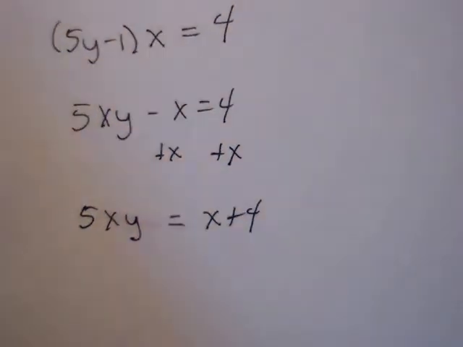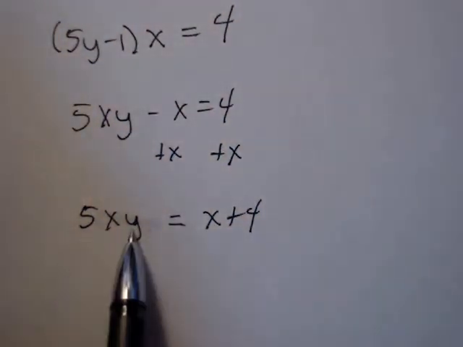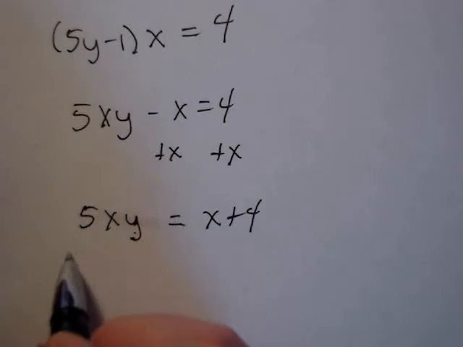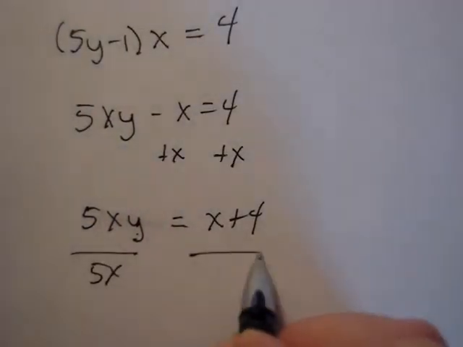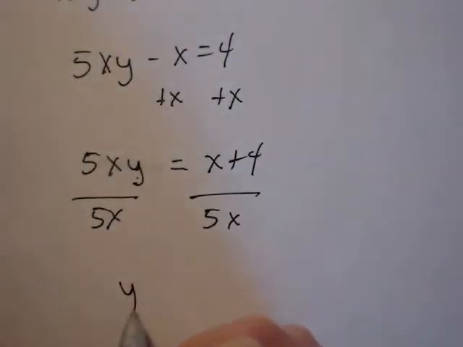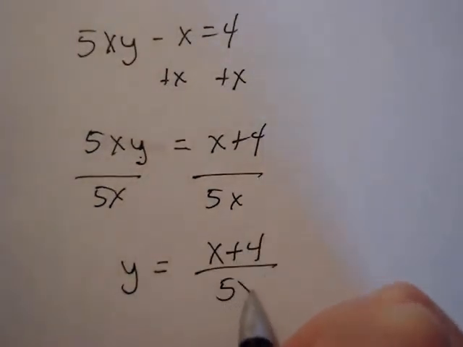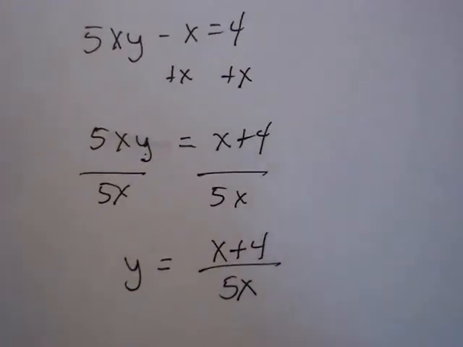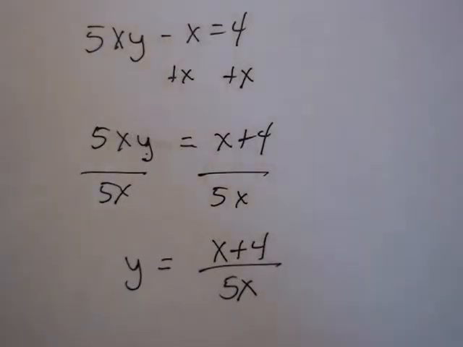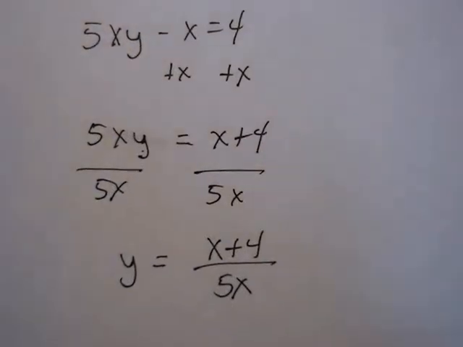Now, there's my y. I only have one term, so to isolate y, I just need to divide by 5x. So I get y is equal to x plus 4 over 5x. Stop. Don't cancel the x's. Careful. You have to factor before you cancel. There's nothing to factor in the top.